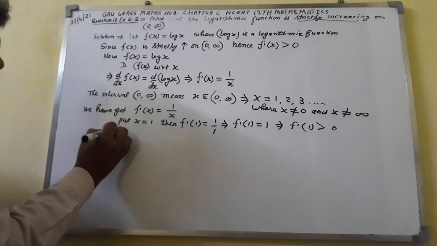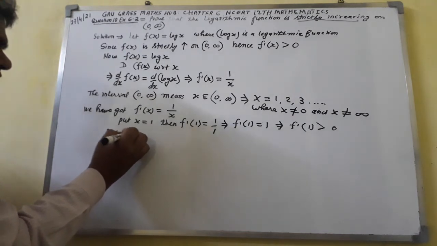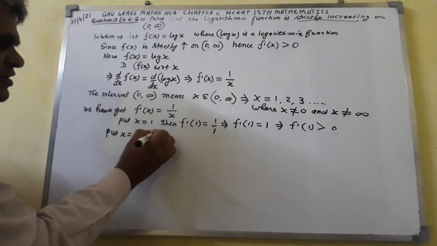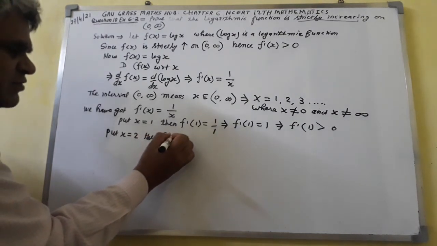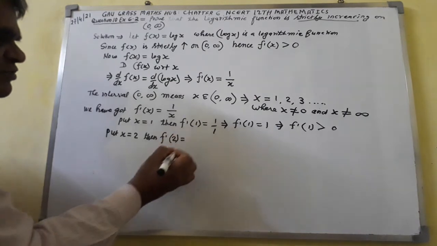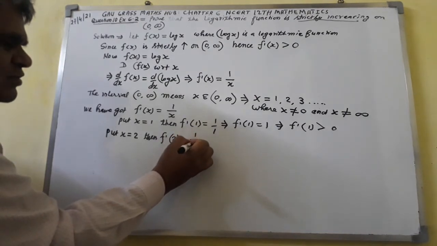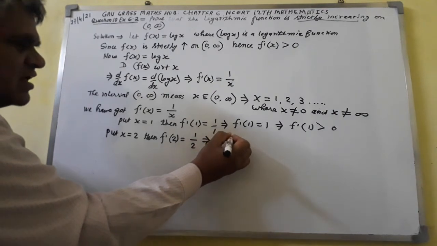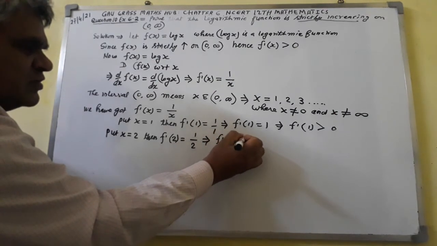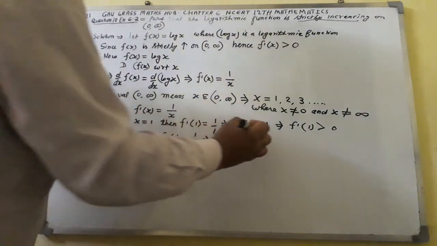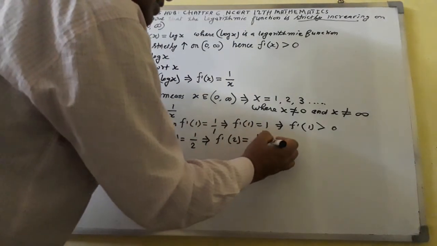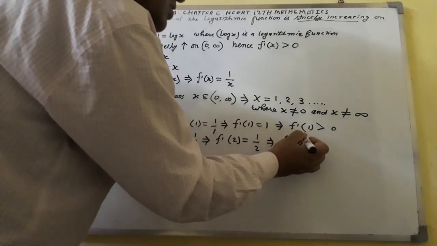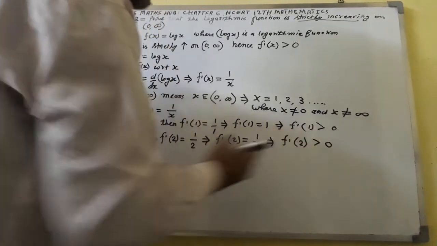Here again I shall write, put x equal to 2, then f dash of 2 comes out to be 1 over 2, implied that f dash of 2 again greater than 0.